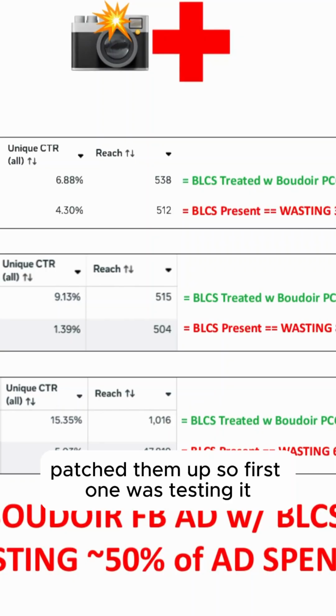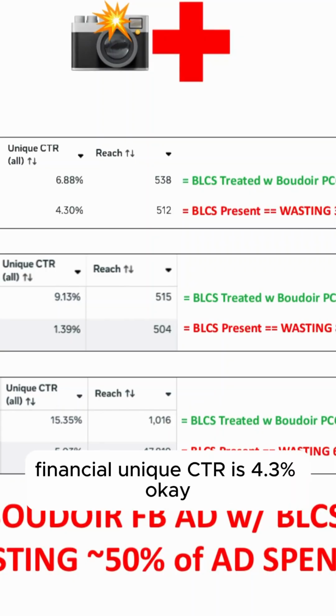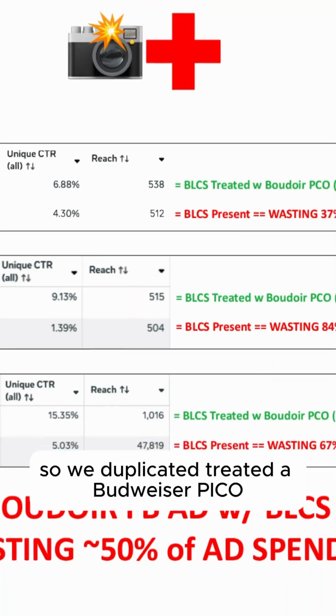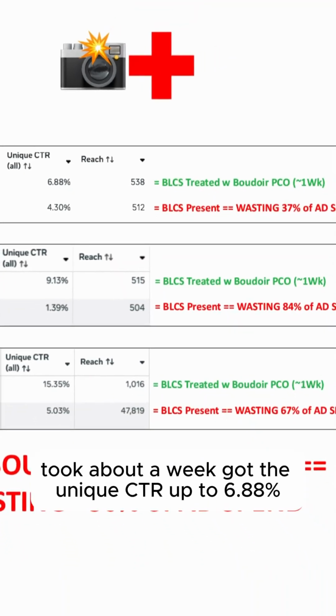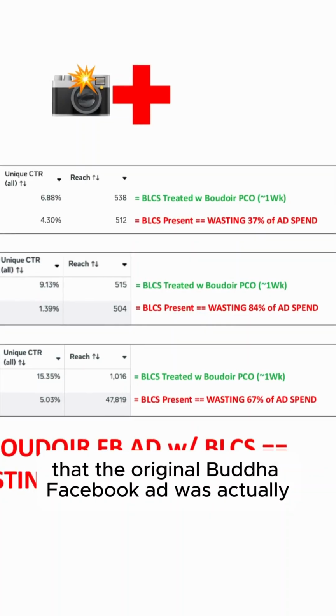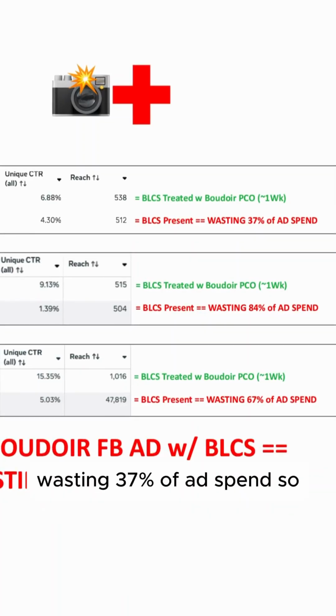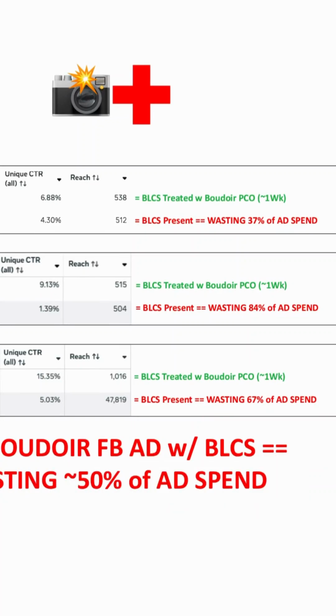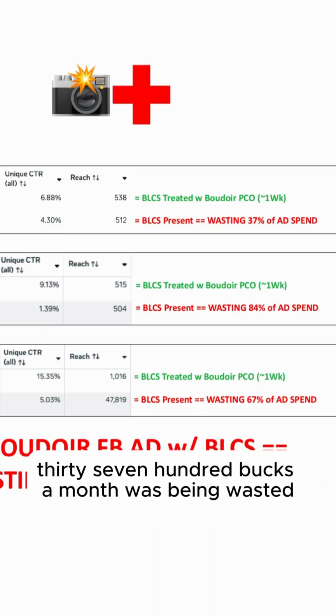The first one, we tested it and found the unique CTR is 4.3%. When unique CTR is under 6%, we know that BLCS is present. So we duplicated it, treated it with Boudoir Pico, and it took about a week to get the unique CTR up to 6.88%. So we found out the original Boudoir Facebook ad was actually wasting 37% of ad spend. If they're spending 10 grand a month on Boudoir Facebook ads, 3,700 bucks a month was being wasted.